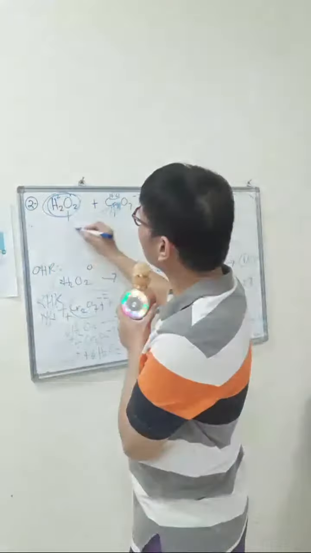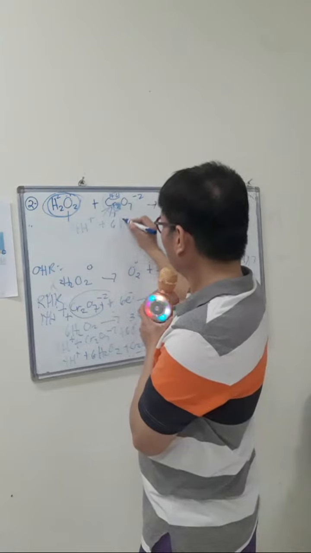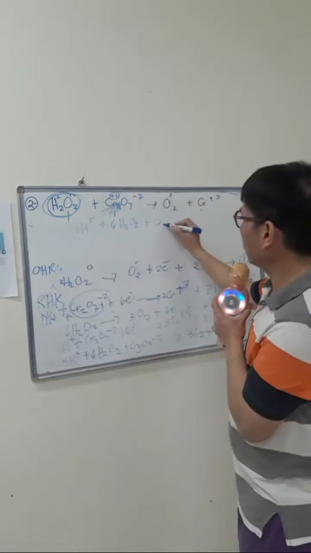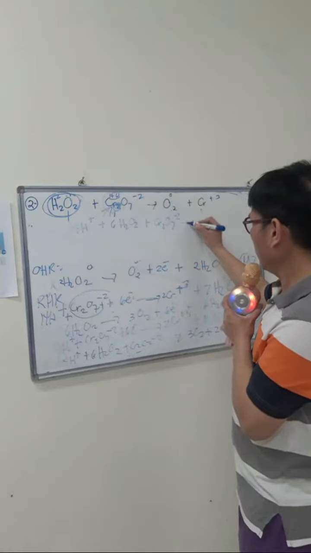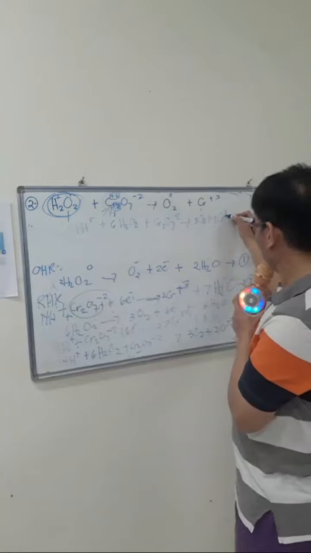So 14H plus 6 moles of hydrogen peroxide plus dichromate is equal to 3 moles of oxygen gas plus 2 chromium positive 3 plus 13 moles of water.